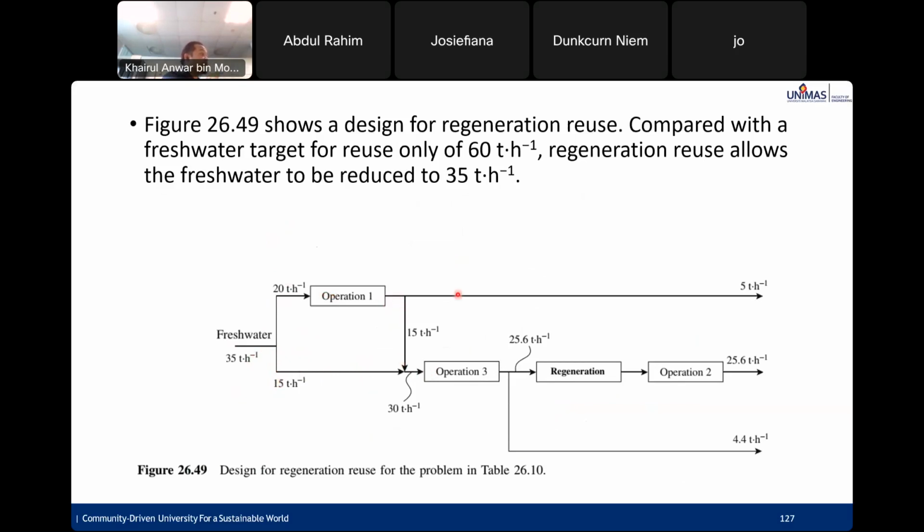From operation 1, 15 ton will go and mix with the fresh water for operation 3, and from operation 3, 25.6 will be regenerated for operation 2, while 4.4 goes to wastewater.